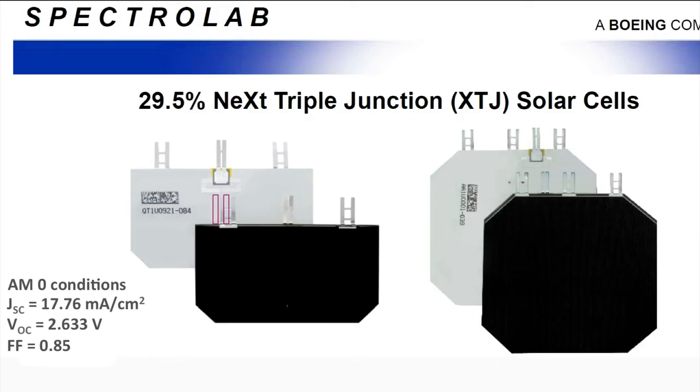Here you see some specs of a typical lattice matched triple junction under AM0 sunlight exposure with an irradiance of 135 milliwatts per square centimeter, from Spectrolab. The total open circuit voltage is 2.6 volts and the short circuit current density is 17.8 milliamps per square centimeter.